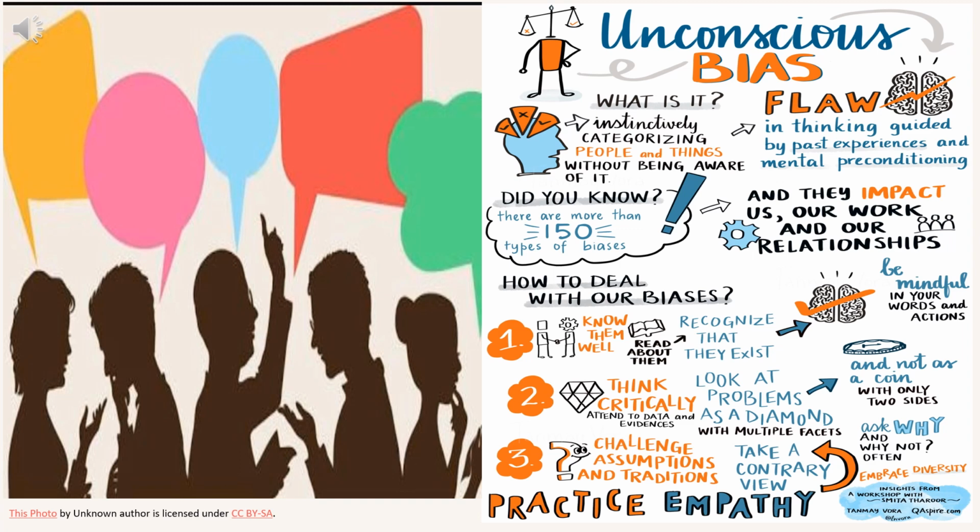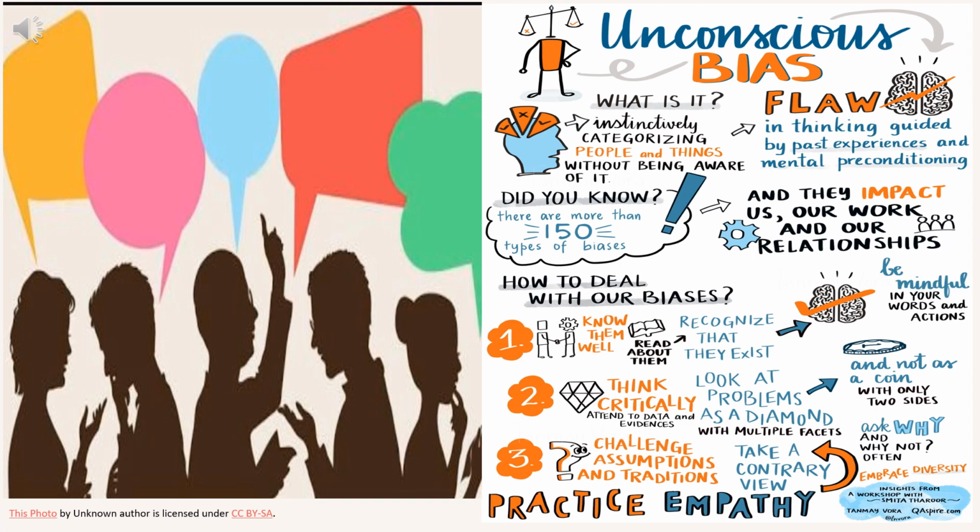Of course, the second image has the word biased. So, dealing with biases. Unconscious bias is what? It has something to do with instinctively categorizing people and things without being aware of it. So whenever you are fond of doing so, you're being biased already. Okay? It's a flaw in thinking guided by past experiences and mental preconditioning.